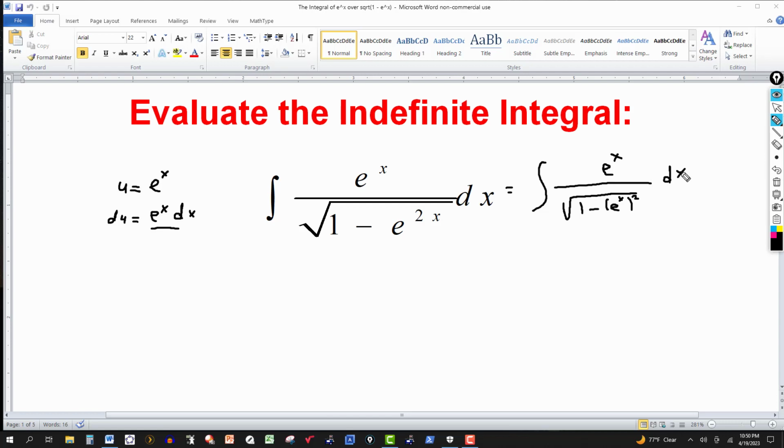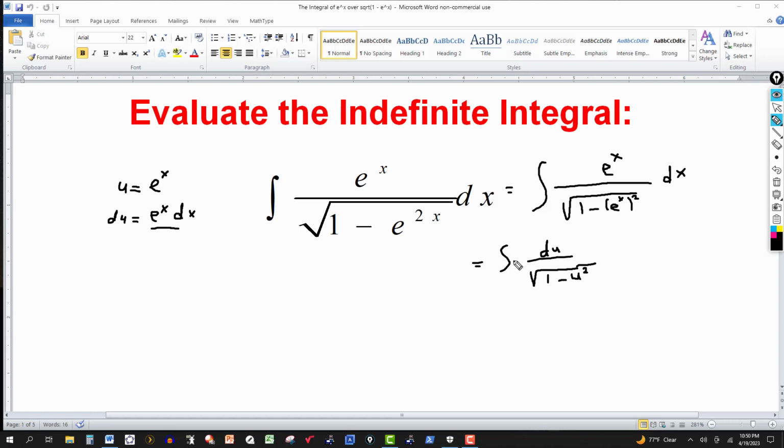This is together here, so I can replace e to the x dx in the numerator by du. And the denominator then will be the square root of 1 minus e to the x, and e to the x is u, so we replace that by u, and then I have a square.